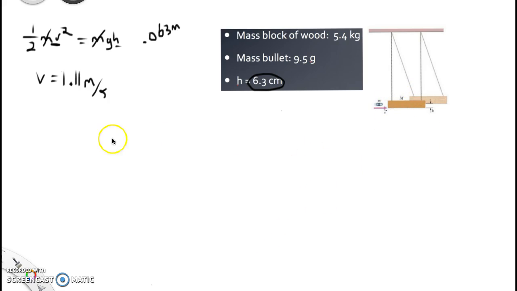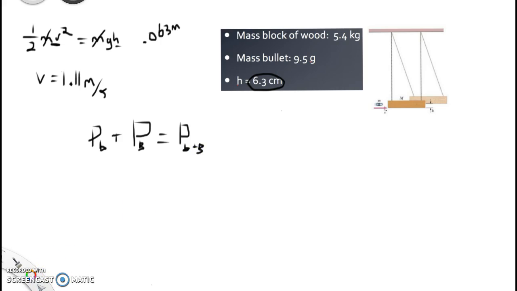Well, this now becomes a momentum problem. We have the momentum of the bullet before, and let's use a lowercase b for the bullet because it has less mass. Then we have the momentum of the block before, and since they stick together, afterwards we have the momentum of the bullet and the block.